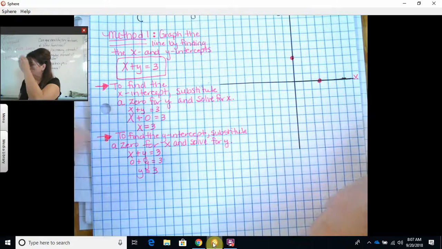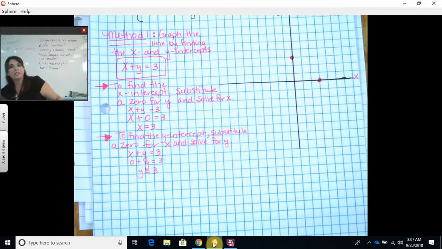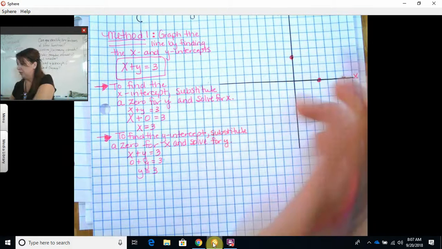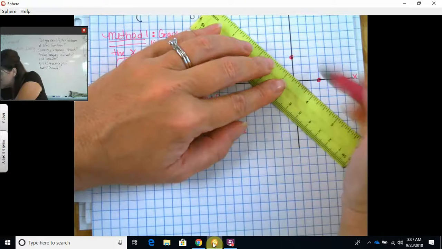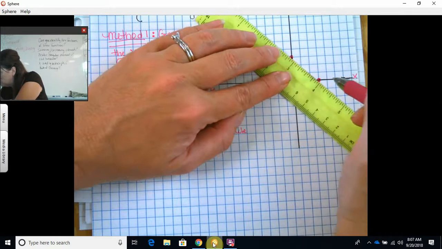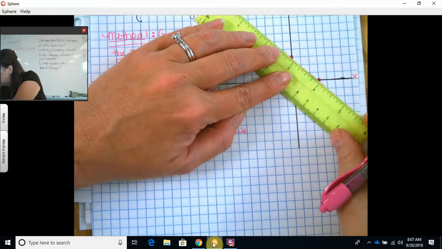Okay? Now, I don't really know where these two lines are going to intersect, so I'm going to make my line pretty long because it may not just intersect somewhere between these two points, okay? And that has a slope of -1. So just keep that in mind when you're drawing your graph.